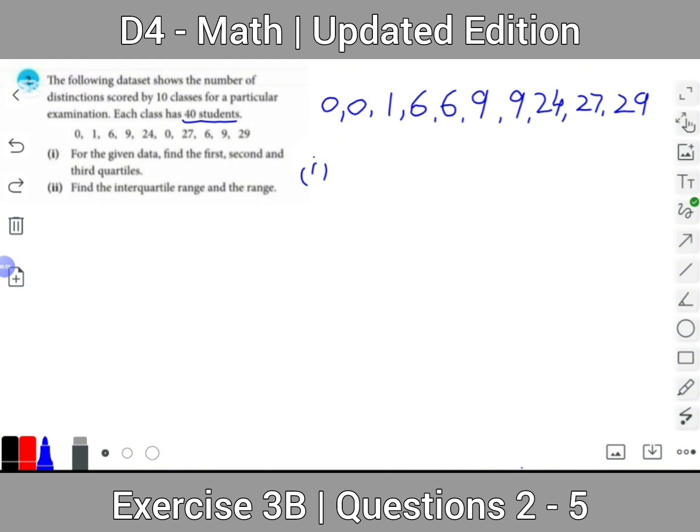In this case, the median, or the second quartile, will be the mean of the two middle values. So the two middle values are 6 and 9. So Q2 lies somewhere here. And here we have the lower half, and here we have the upper half.